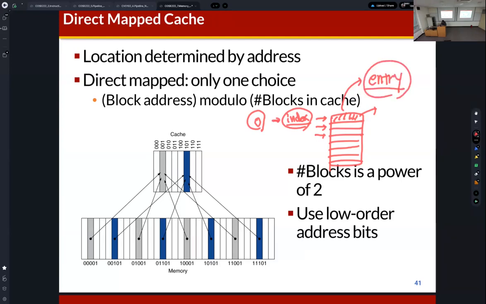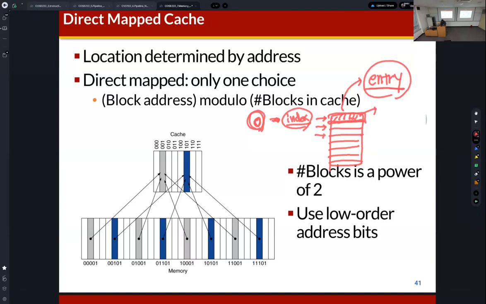Okay, it's an entry. Sometimes it's also called a cache block or line. Okay, but we can understand this is the cache entry. So when an index number is given, the corresponding data can be read from the corresponding cache entry. Okay, actually it's memory, right?